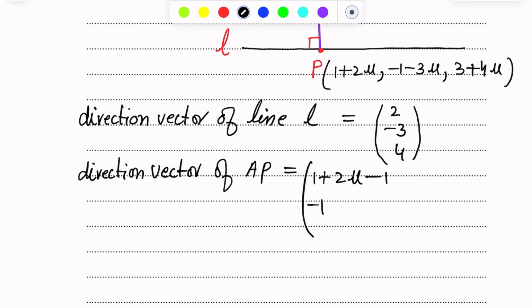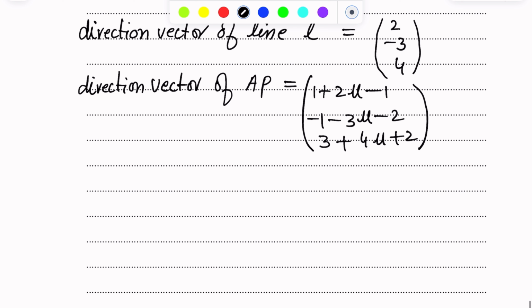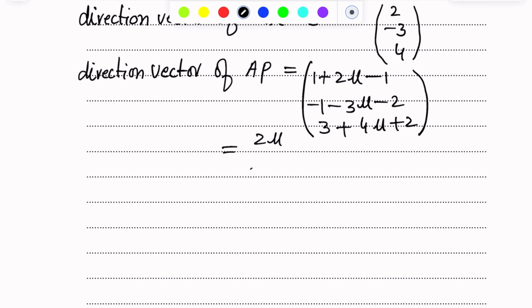After simplifying, we get the direction vector of AP: 2 mu, minus 3 mu minus 3, 4 mu plus 5. This is the direction vector of line AP.